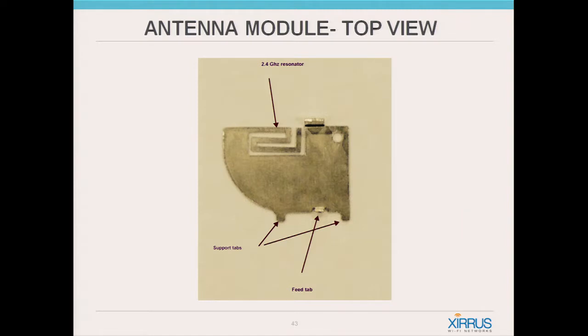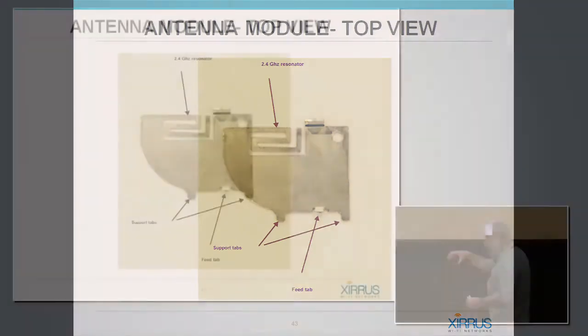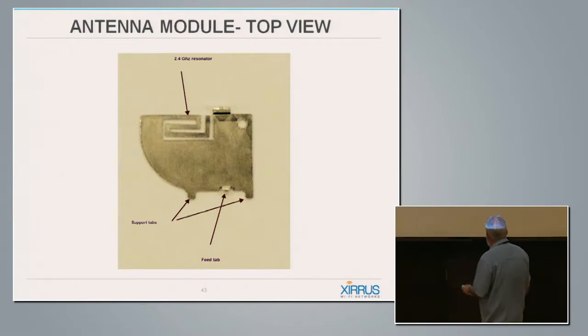So it's got a tab that the machine picks it up and places it in the proper place. In the final design, I don't have those tabs. That's the feed point. So it's placed, soldered in place, and ready to go. And this is the 2.4 portion. The rest is the 5.